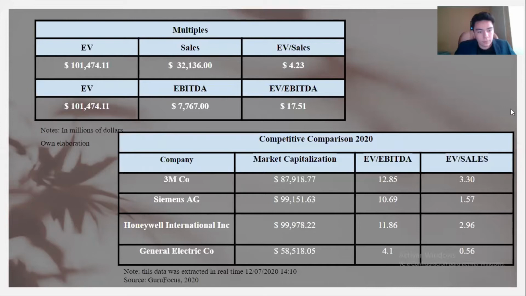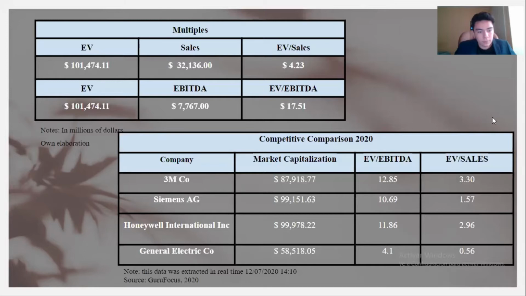Both are within the upper range. This reflects a decrease, but prices continue to rise, and that is reflected in enterprise value to sales. The current situation is boosting investment in 3M in the long term. Its direct competitors are also in the high range except General Electric.